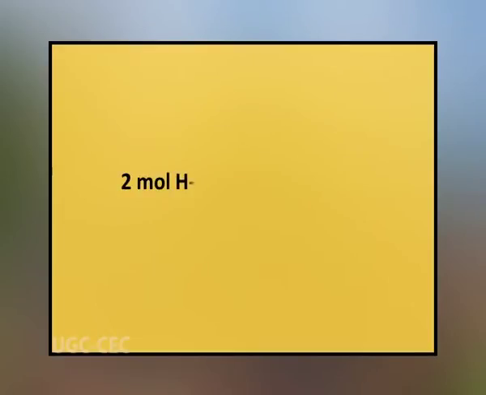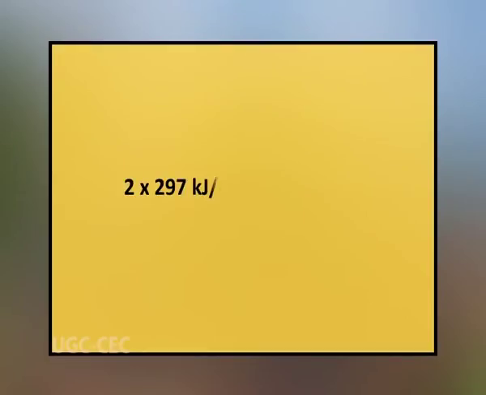That is, 2 moles of H-I bonds at 297 kilojoules per mole each. The sum of enthalpies on the product side is 2 multiplied by 297 kilojoules per mole, which is equal to 594 kilojoules per mole. This is how much energy is released on forming the bonds on the product side.